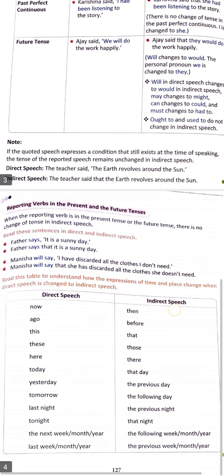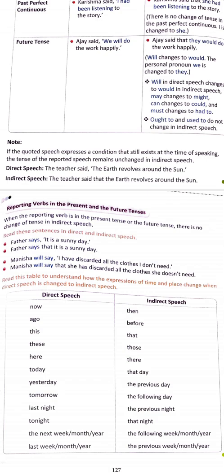Next, students, if we have a reporting verb in the present or future tense, for example says, then we will not change it. Again I'm saying, if our reporting verb, the word says, is in the simple present or future, like says or will say, then there is no need to make any changes.